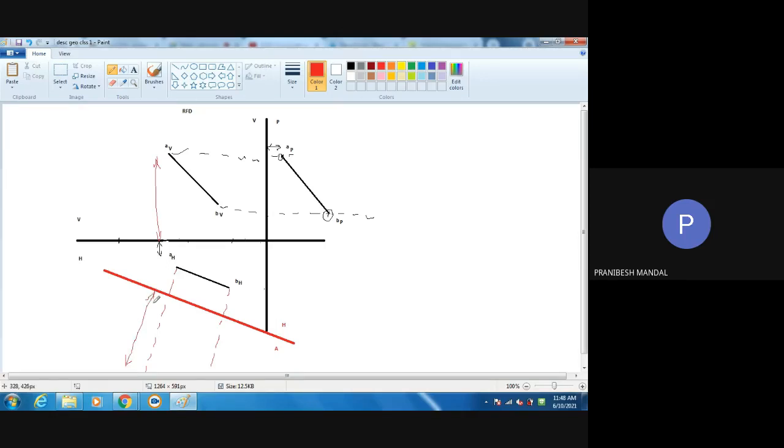Is it clear to you? And somewhere here you will get the projection of A. Is it okay to you? Yes, sir. And for BV, this is the length you need to cut. Yes or no? Yes, sir.